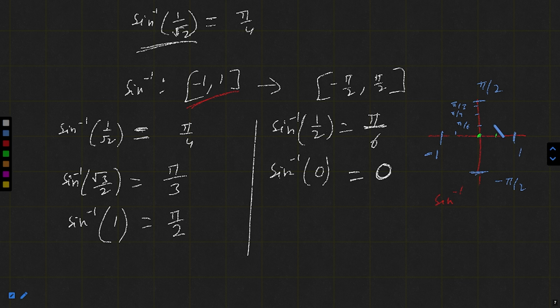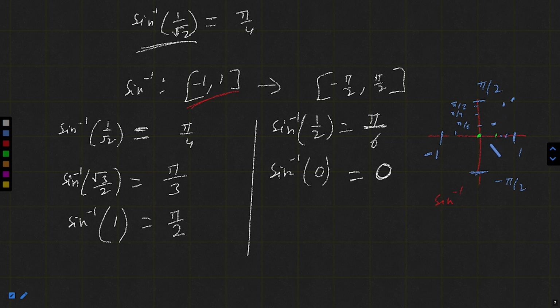Half means the pi by 6 value. At 1 it is pi by 2. At root 3 by 2, root 3 by 2 will be somewhere here. At root 3 by 2 it is pi by 3 value, like this.